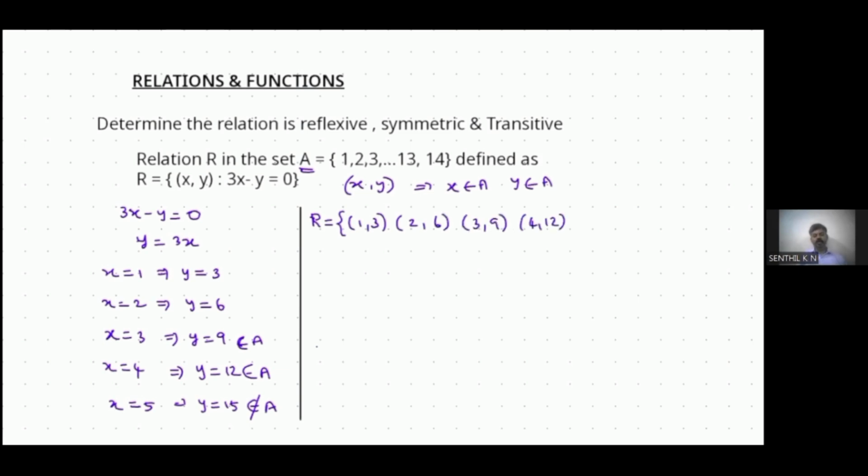These are the elements of R. Now we have to check reflexive. It is satisfying the reflexive.